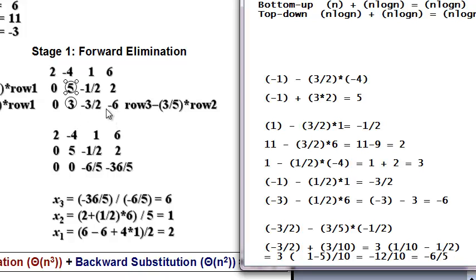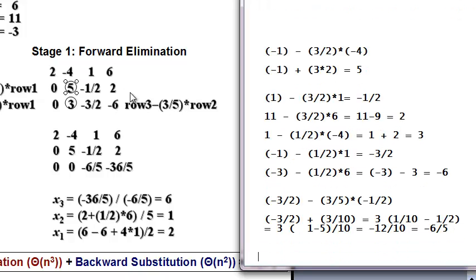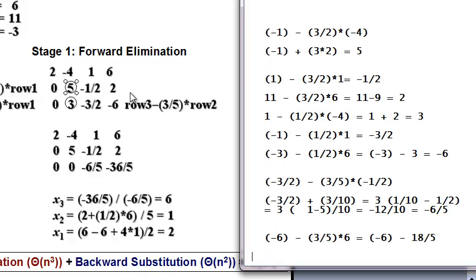And this row value is negative 6 minus the 3 over 5 times the 6. So negative 6 minus 18 over 5.